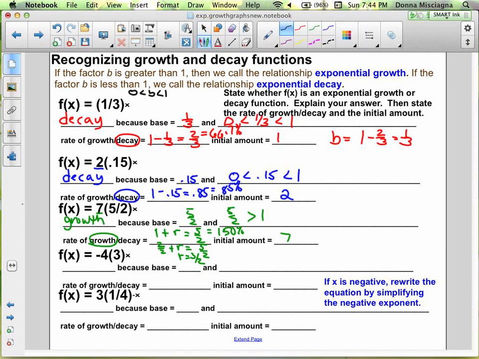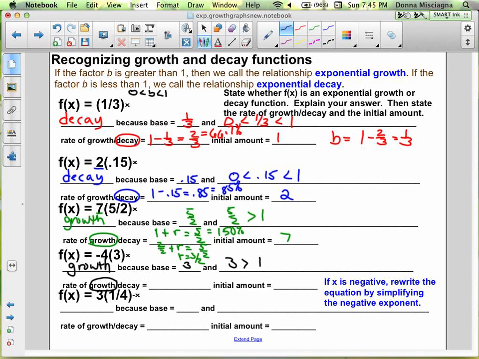All right, let's look at the next one here. f of x equals negative 4 times 3 to the x. Is it growth? Is it decay? It is growth. This is just like the fruit fly problem, because your base is 3, and 3 is greater than 1. So this is growth. Let's circle growth.